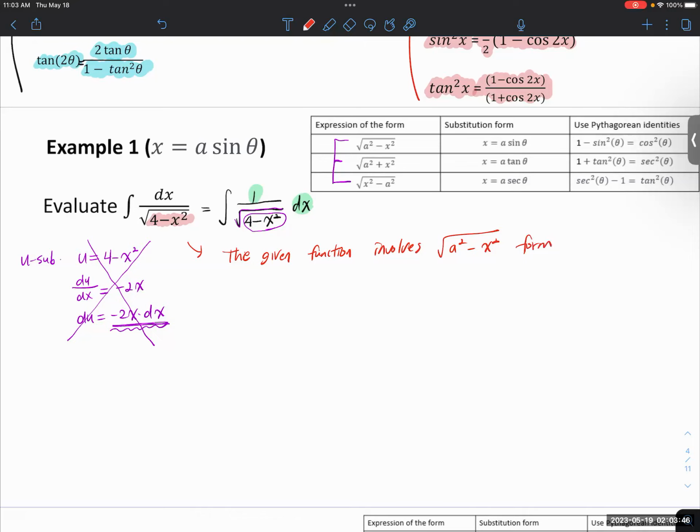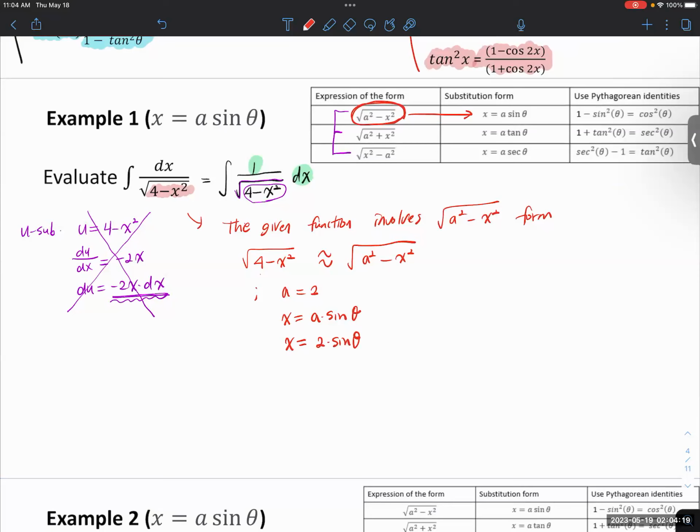Does it make sense? So radical 4 minus x squared corresponds to a constant squared minus x squared. Therefore, a is going to be 2, because 2 times 2 is 4. And then according to the form, x is going to be a times sine theta. So my x will be 2 times sine theta.